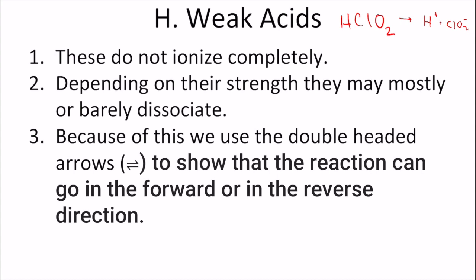So the way that we show that it doesn't always break apart is we use this double-headed arrow, all right? And you can write it like this, how I did it here, or you can do it like it's shown down here. Either way is fine, okay? The big thing is, if it's a weak acid, you have to use the double-headed arrow, okay? You can only write the single-headed arrow if it's a strong acid.